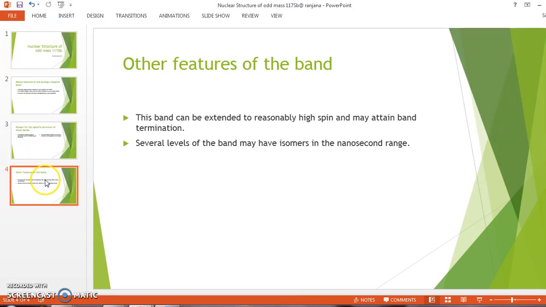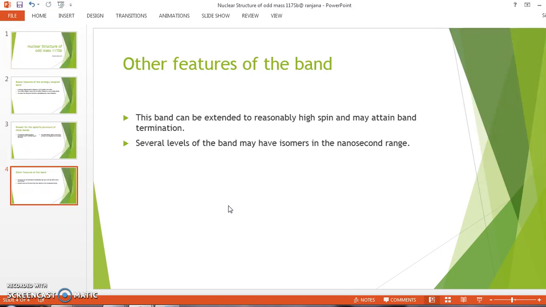Now, the other feature of the band is that it can be extended to reasonably high spin, and after a certain spin value it may attain band termination.